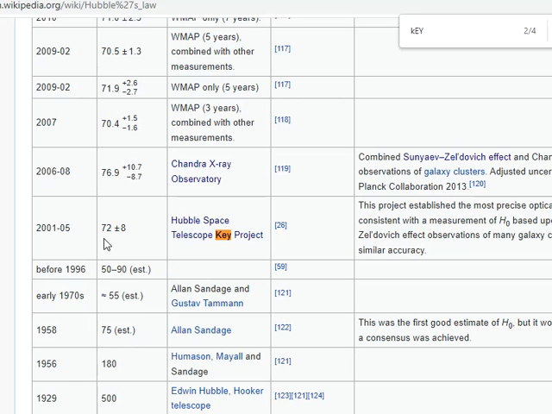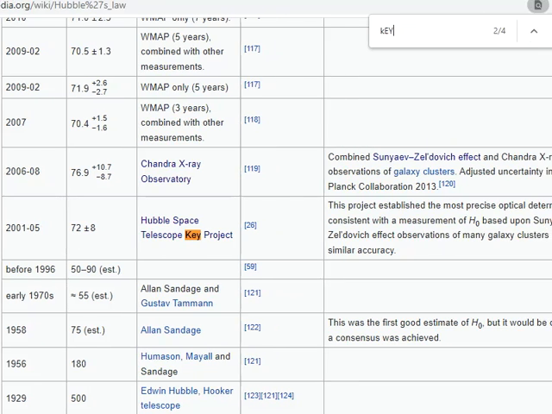So essentially they got numbers between 72 minus 8, which is 64 kilometers per second per megaparsec, and 80 kilometers per second per megaparsec.